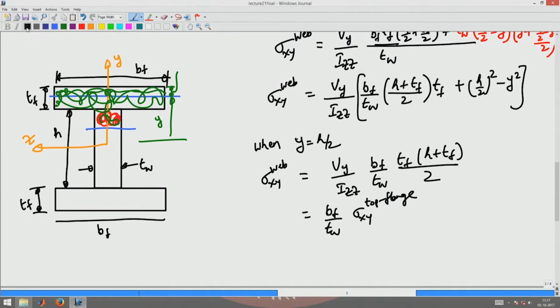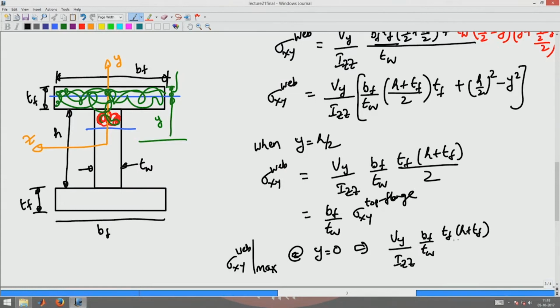So, basically what we find is sigma xy of web, the maximum value of that would be at y equal to 0, that will be Vy by Izz into Bf by Tw, Tf (h plus Tf by 2) plus h square by 4.